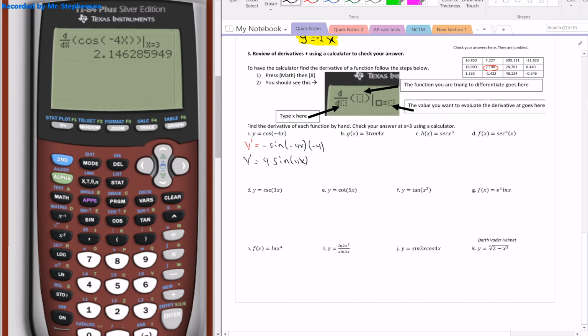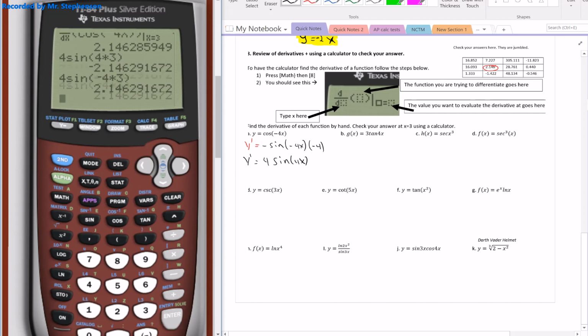And what I should realize is that if on my calculator I do 4 sine 4 times 3, or if I plug in 3, it should get the same answer. Sorry, this is negative up here. I should get the same answer as I did before, right? So I'm checking that, hey, I did do this derivative correctly because my calculator showed me that it was, right?